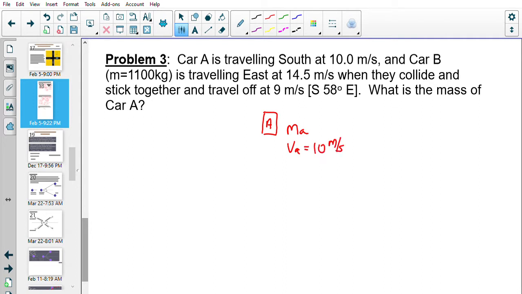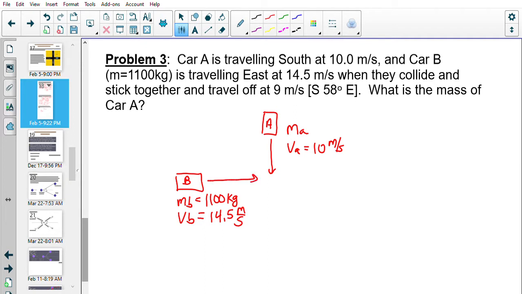So there's my before information for A. My before information for B is the mass of B is 1,100 kilograms. The speed for B is 14.5 meters per second.